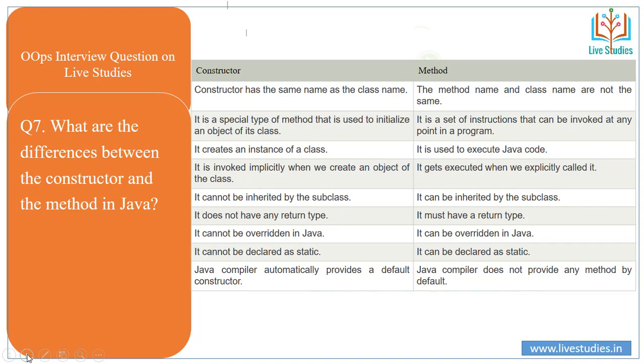A constructor does not have any return type, but a method must have a return type. A constructor cannot be overridden in Java, but a method can be overridden. We cannot declare a constructor as static, but we can declare a method as static. The Java compiler automatically provides a default constructor, but it does not provide any default method.